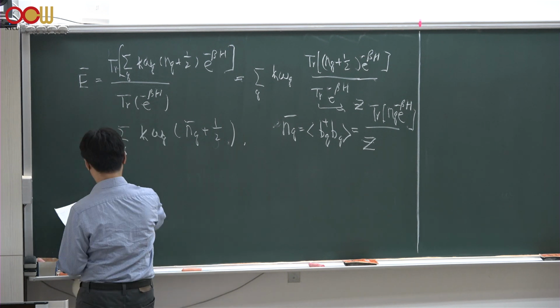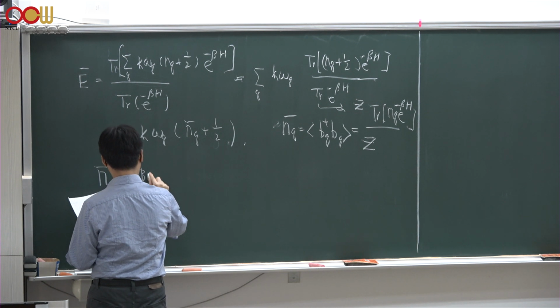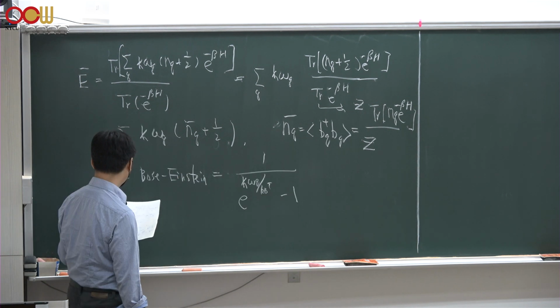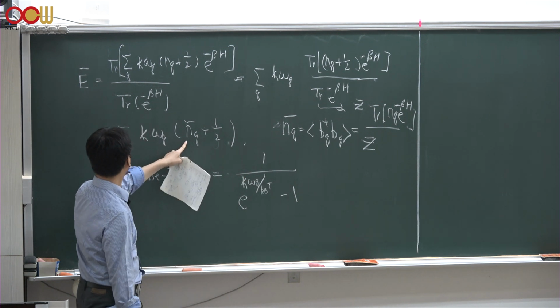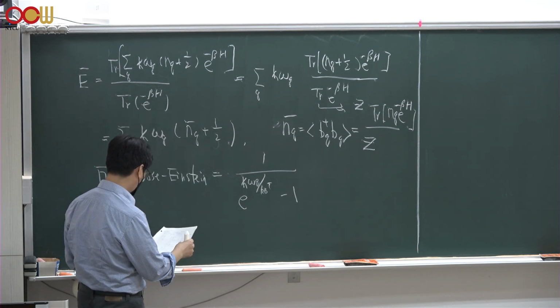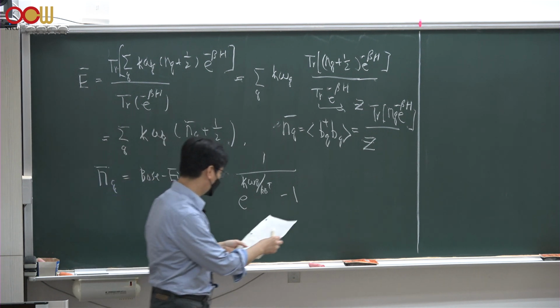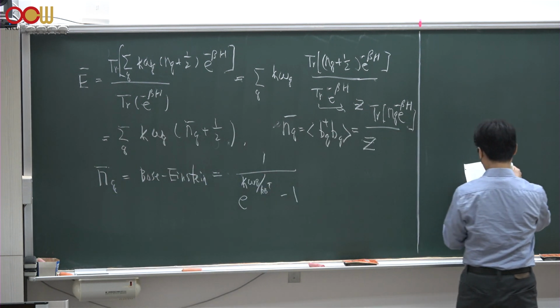So we just plug in this Bose-Einstein factor in E bar, and we take a temperature derivative of E bar, and you get C_V.